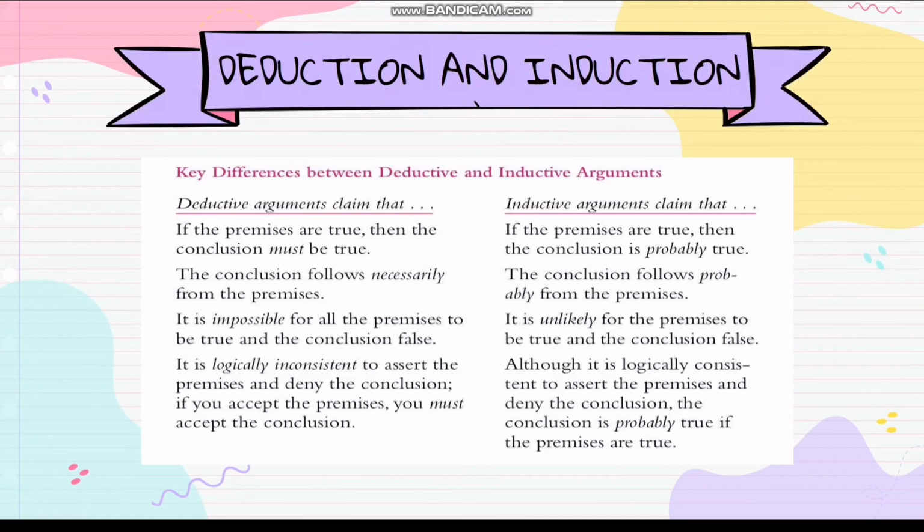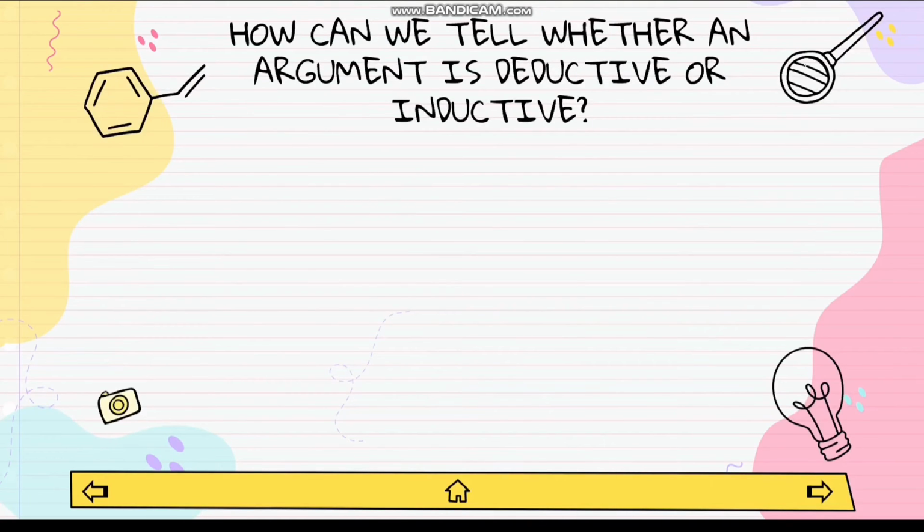If you accept the premises, you must accept the conclusion. Inductive arguments claim that although it is logically consistent to assert the premises and deny the conclusion, the conclusion is probably true if the premises are true. How can we tell whether an argument is deductive or inductive?